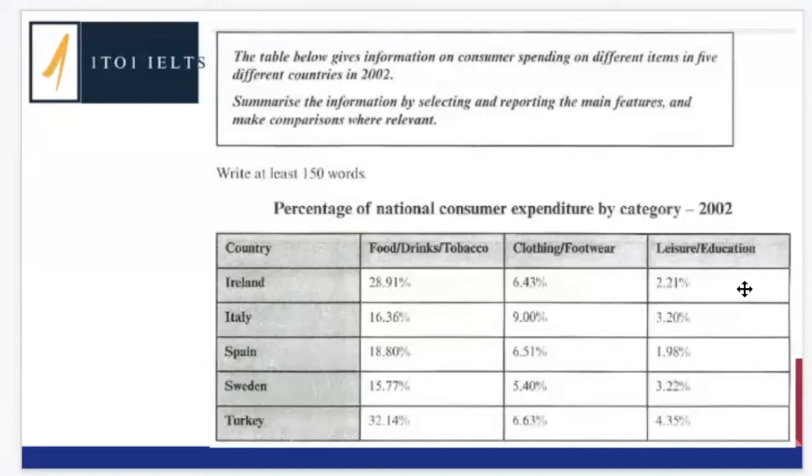And yeah, Spain is the lowest. What can we maybe think about? What is more of a key feature? So rather than looking at these categories individually, what would you just say about leisure and education in general?